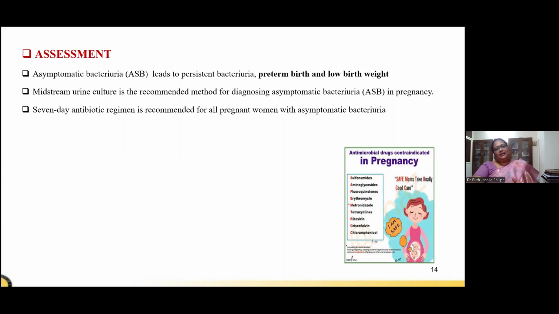And if it is recognized with culture and sensitivity, a 7-day antibiotic regime is used to treat it. And this prevents premature births, abortions, and also some kinds of fetal anomalies.